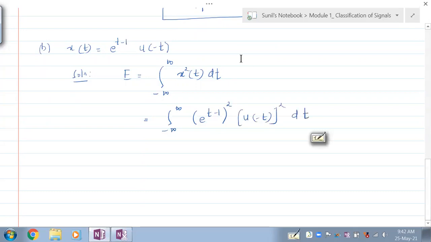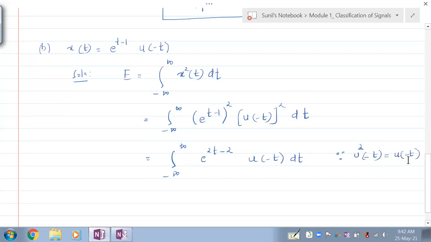So this is how it looks like, as we have seen in the previous problem. So this can be written as e power 2t minus 2 into u of minus t dt. Why? Since u square of minus t is u of minus t, mind you.